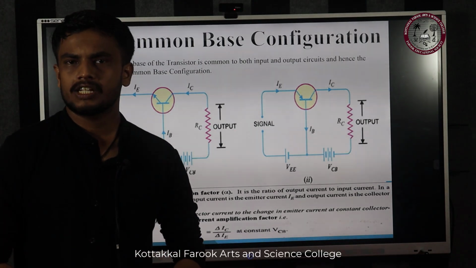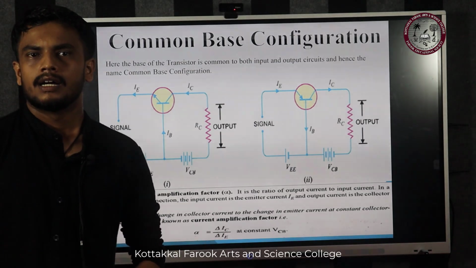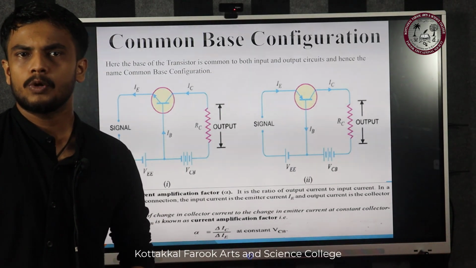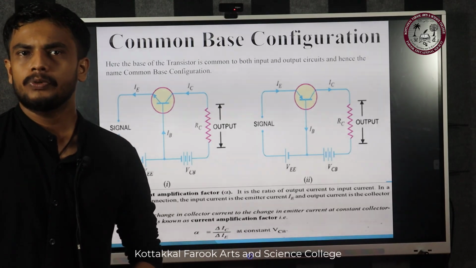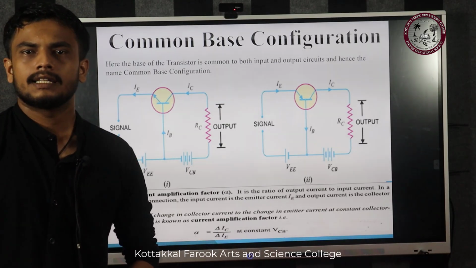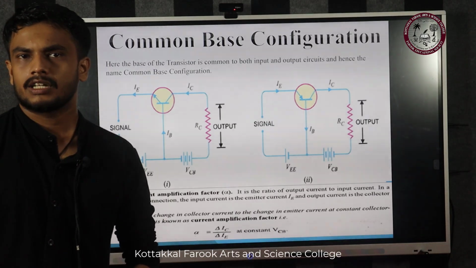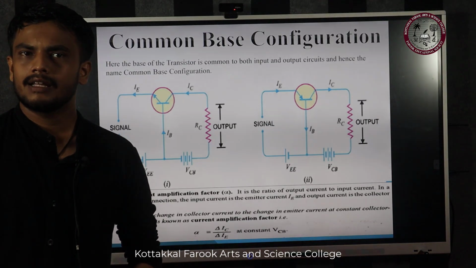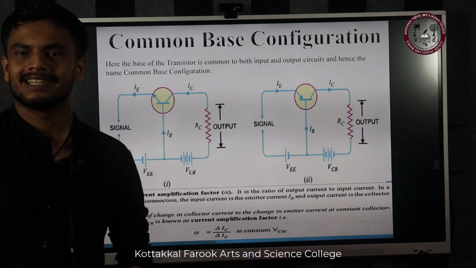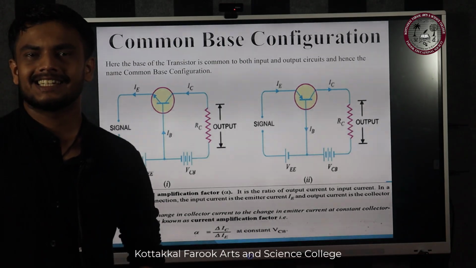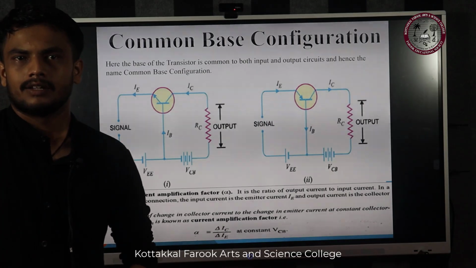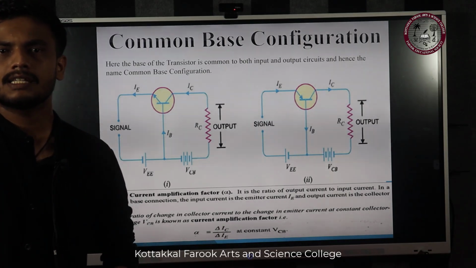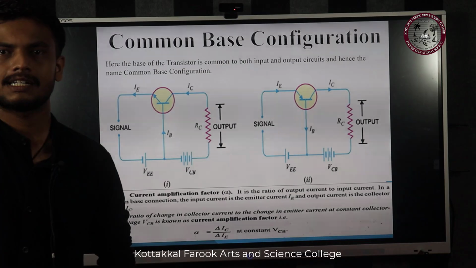The current amplification factor is the ratio of output current to input current. In the common base, the output current is the collector current and the input current is the emitter current, which means the current amplification factor is IC by IE. In the common base, alpha is the term we use for current amplification.